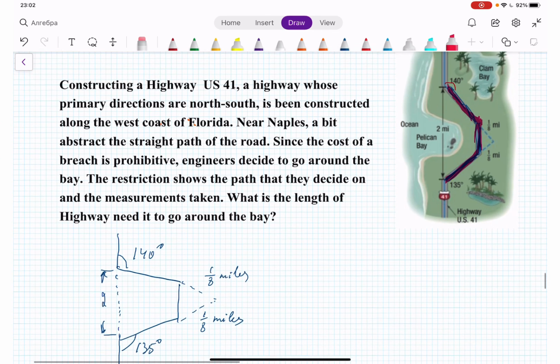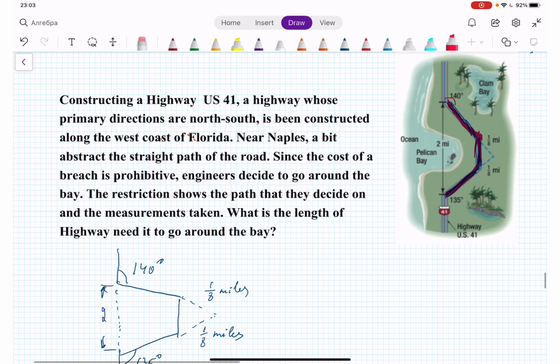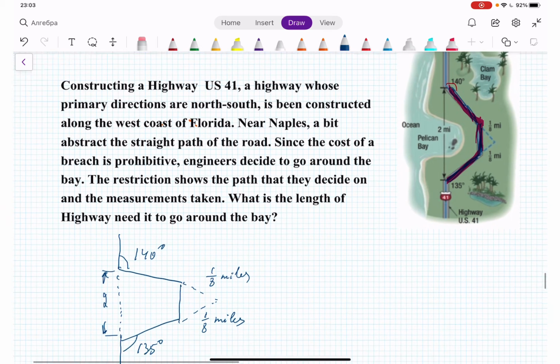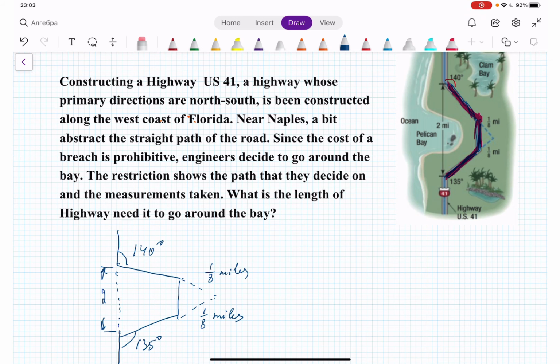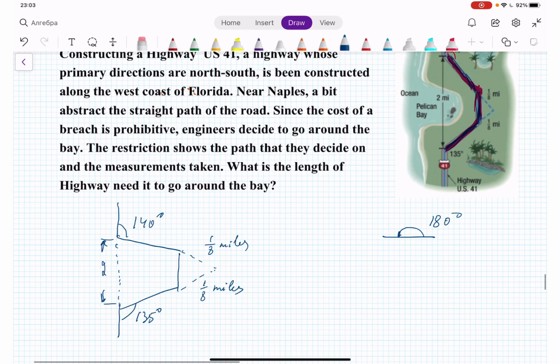Okay? This is what we have. Okay, let's start solving. So first of all, we know that a straight line is 180 degrees, right? Therefore, here if we have 140 degrees, then this piece is going to be 40 degrees.